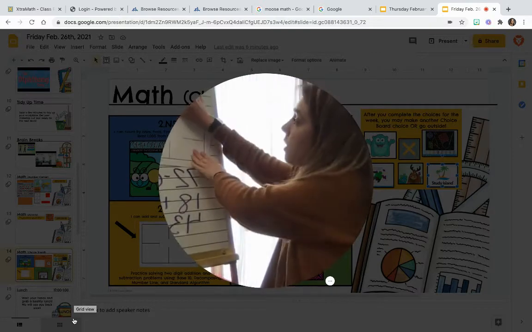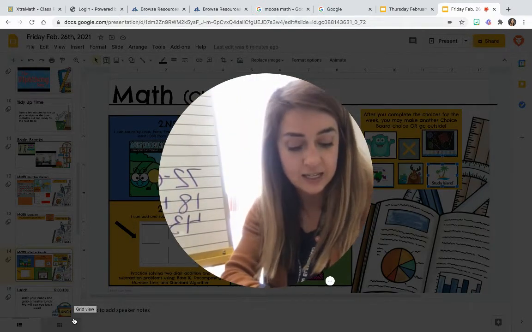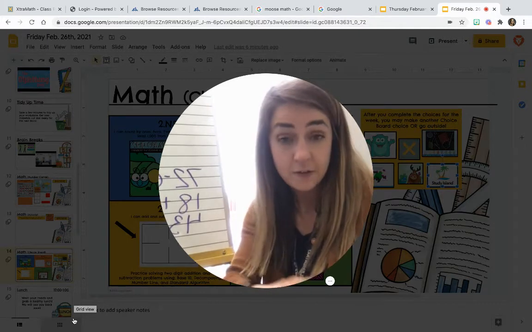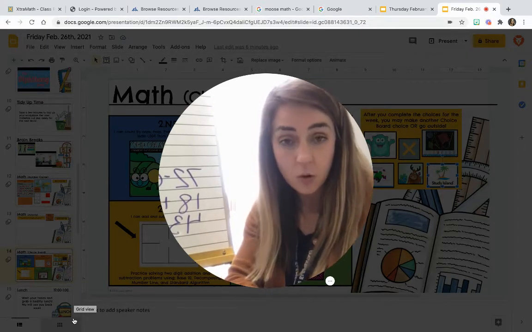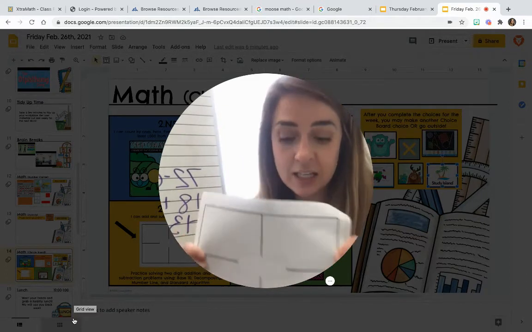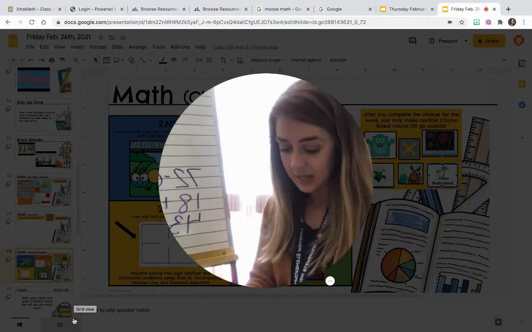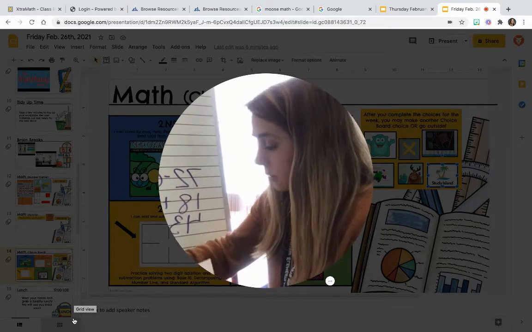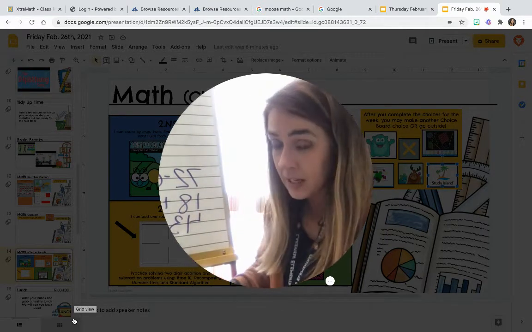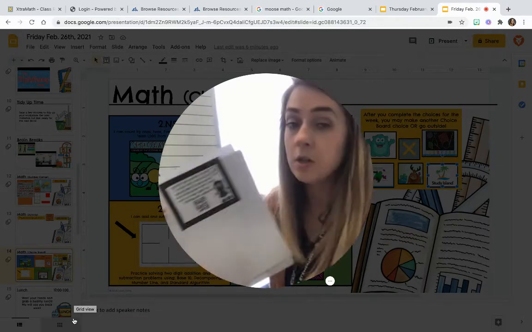All right, so far you are making a choice between completing the second place value sheet or completing those 4 problems using base 10 blocks here. Your last choice is to complete the task cards. So there's 4.